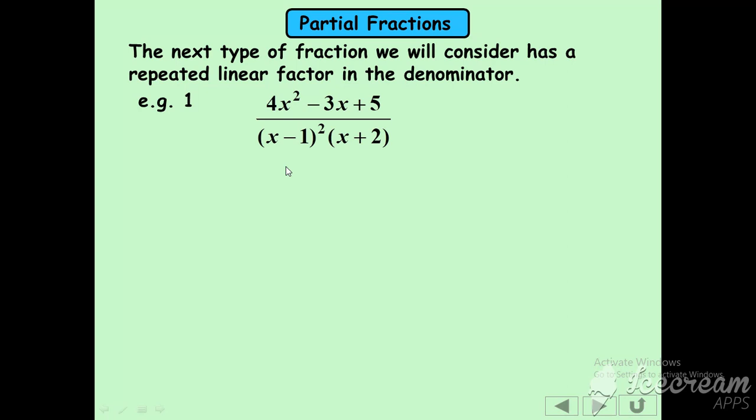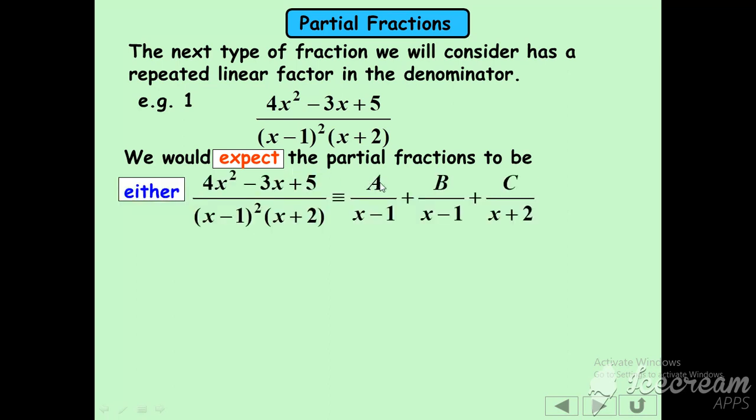First of all, students try by the process of type 1, and we would expect the partial fraction to be like this: a by x minus 1 plus b by x minus 1. Here (x minus 1) whole square is given, therefore students try to do a by x minus 1 plus b by x minus 1 plus c by x plus 2.